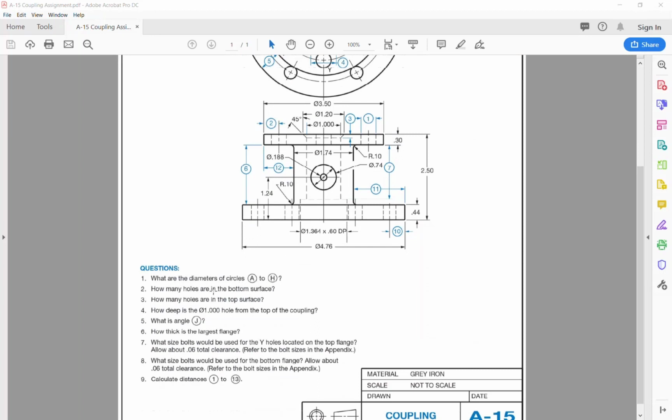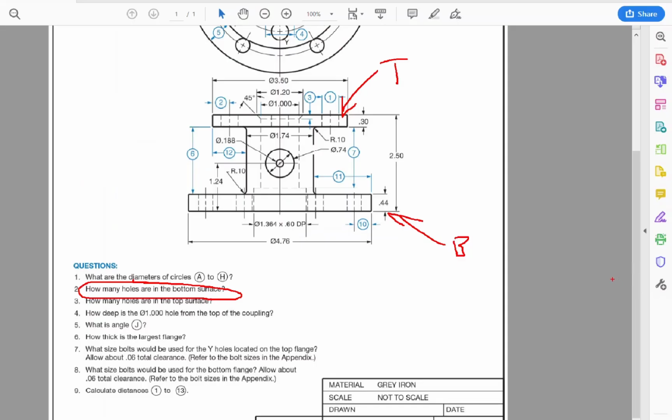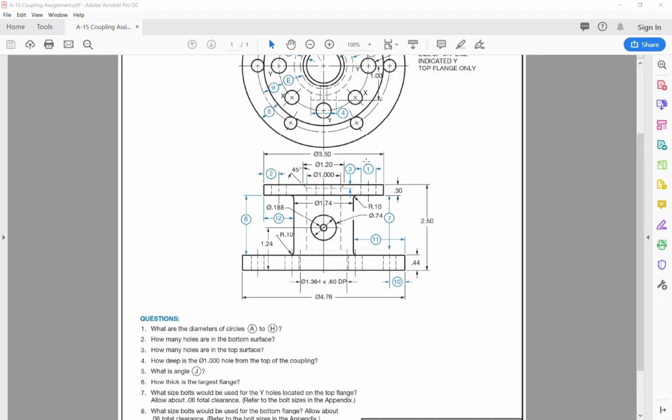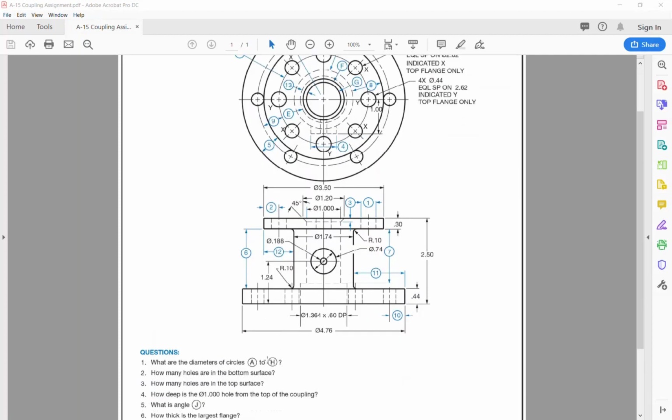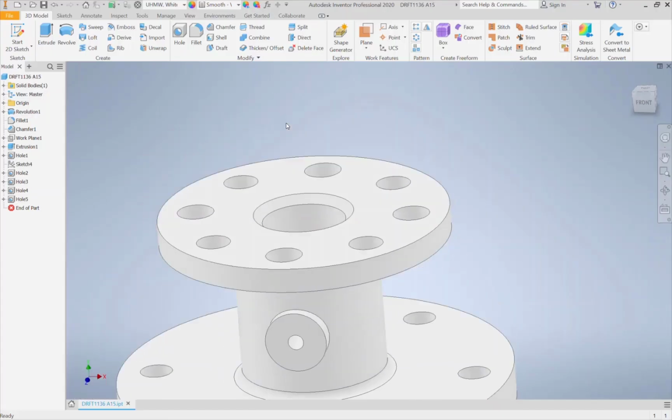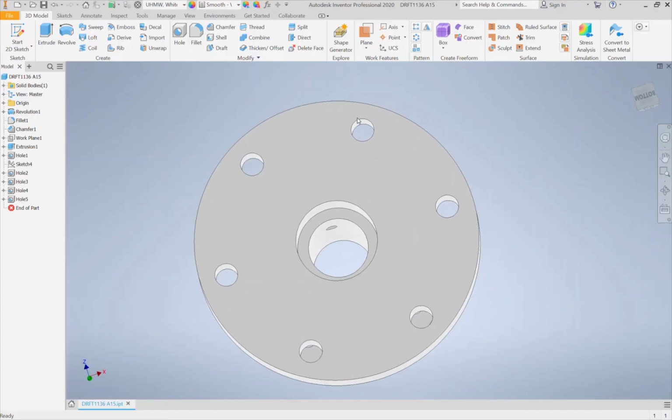The next question is asking how many holes are in the bottom surface. This is top, and therefore this surface along here is the bottom. How many holes are in that surface? If we look at the 3D part, I switch to the bottom.